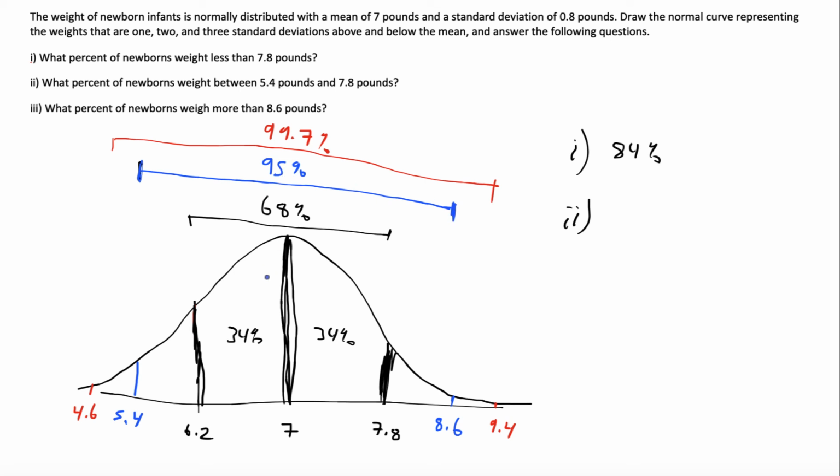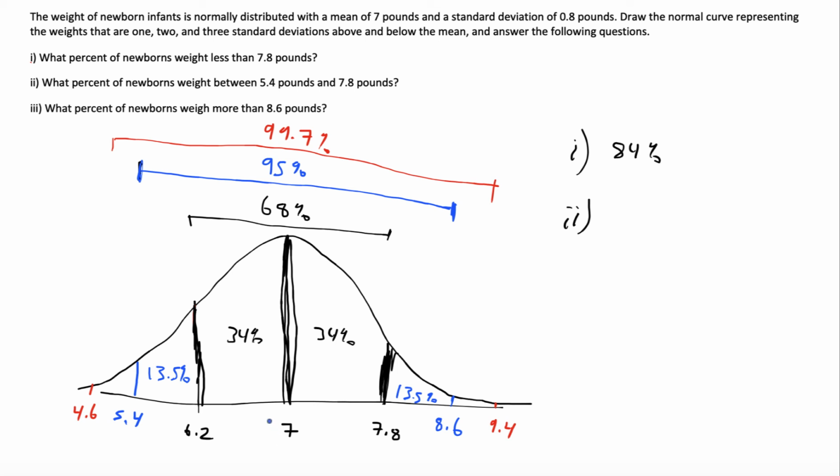But remember, that 47.5 would be half, from the halfway point to here. So from 5.4 to 7, that should be 47.5% of the values, but there's already 34% here, which means that this little region here is 13.5%. Also, this little region right here is also 13.5%.